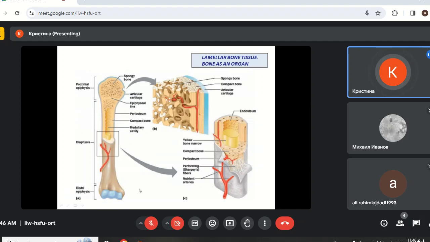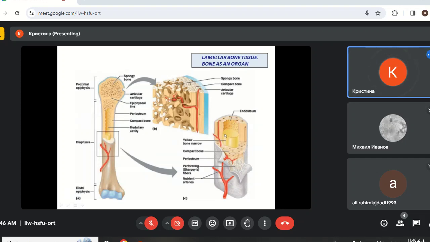So in the long bone we have the epiphysis, the end tips of the bone, and the diaphysis. If we look at the diaphysis, it is formed by the compact material, which is the most volume of the bone, and closer to the central part we have some amount of spongy bone.